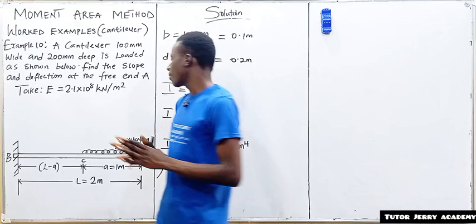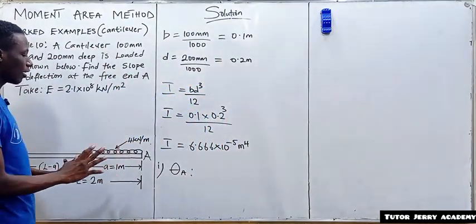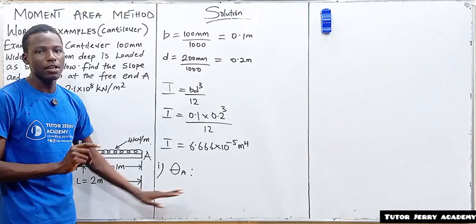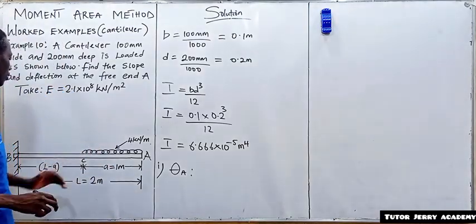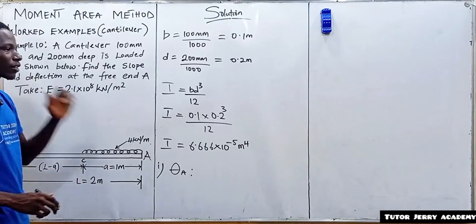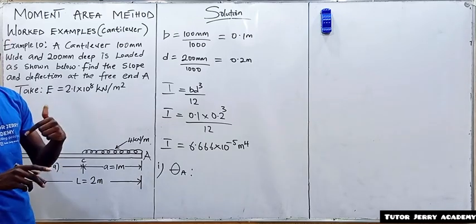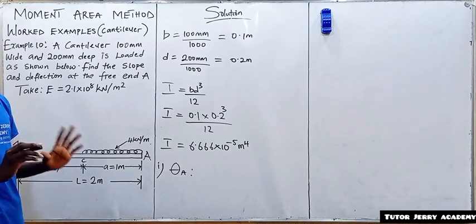So basically, this is what we are going to do in order to get the slope at A. We subtract the slope due to a uniformly distributed load at a distance A from the fixed end from the slope due to a uniform distributed load over the whole span of the beam.